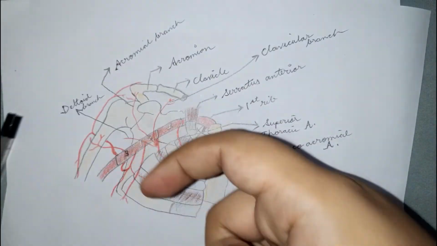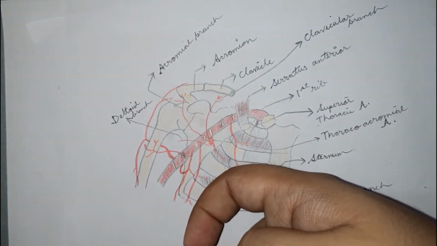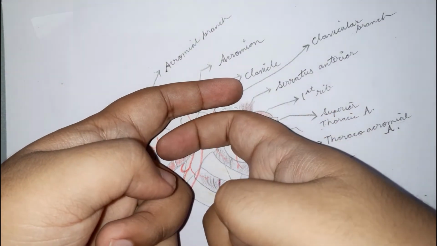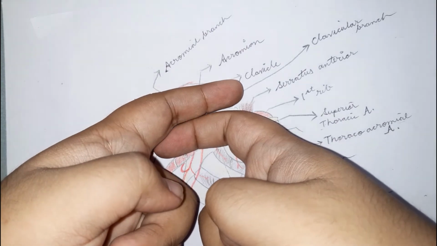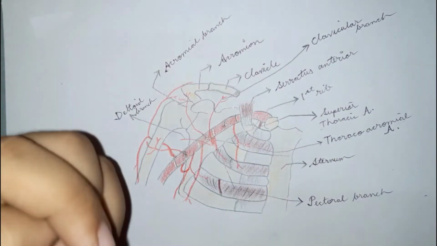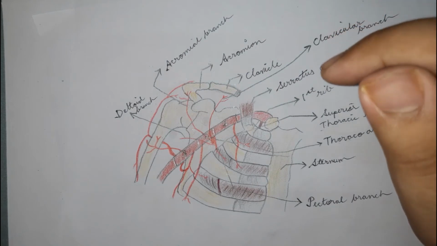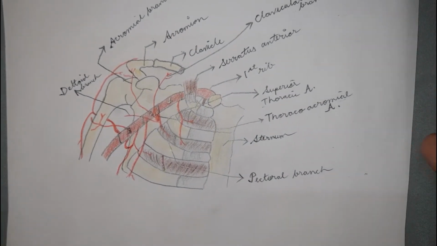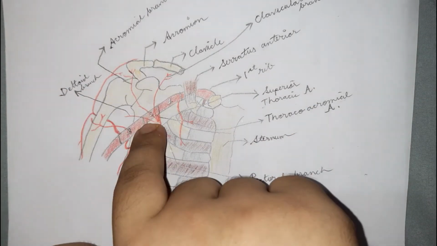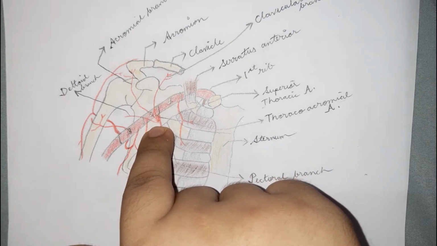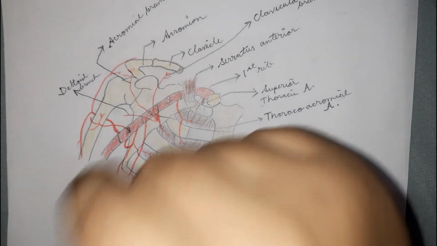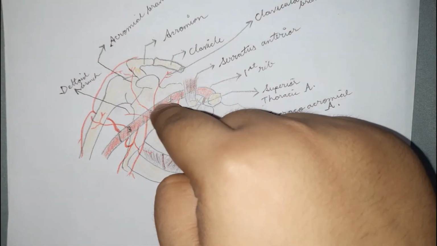In between them there is a groove known as the deltopectoral groove. A very important landmark, and in dissection it is well explained. A number of structures traverse the deltopectoral groove, and one of them is the deltoid branch of the thoracoacromial artery. So this completes all the branches of the thoracoacromial artery.